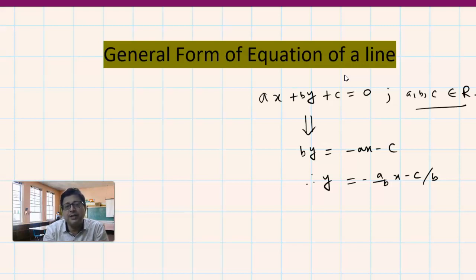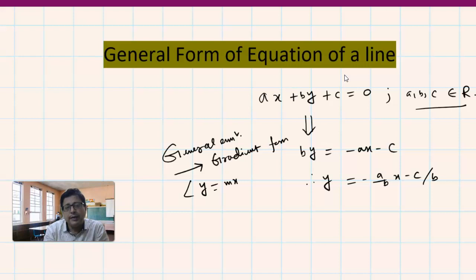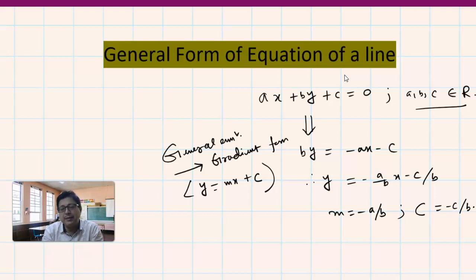We are expressing the general equation to the gradient form. Gradient form we have already studied. It is the y equal to mx plus c form. Here if we compare these two equations, then m is going to be minus a by b and c is going to be minus c by b.